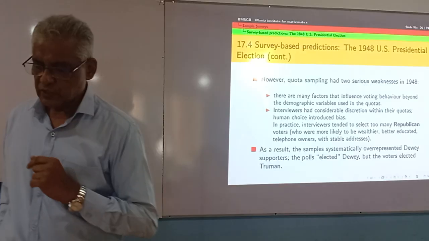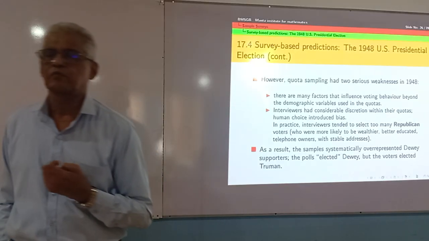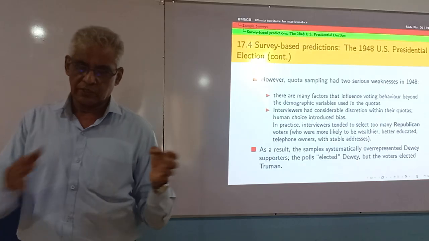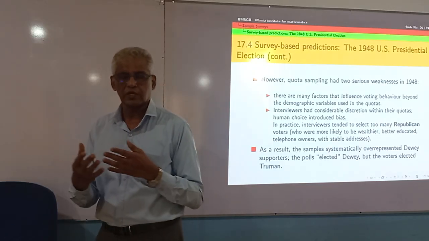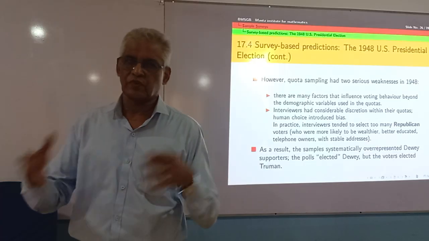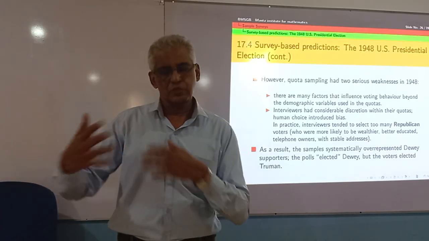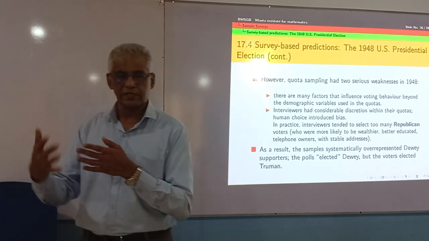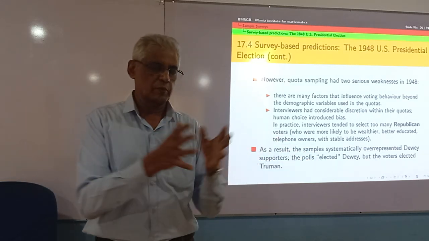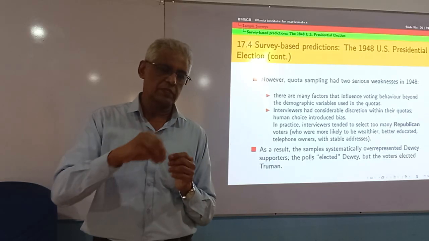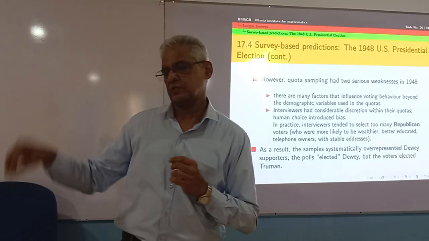So quota sampling had two serious problems. One reason was that they look at the quotas according to several variables, for example, gender, maybe the area, maybe the income. They think that voting pattern will depend on these variables, so they try to mimic the percentages in the population for those variables in the sample.